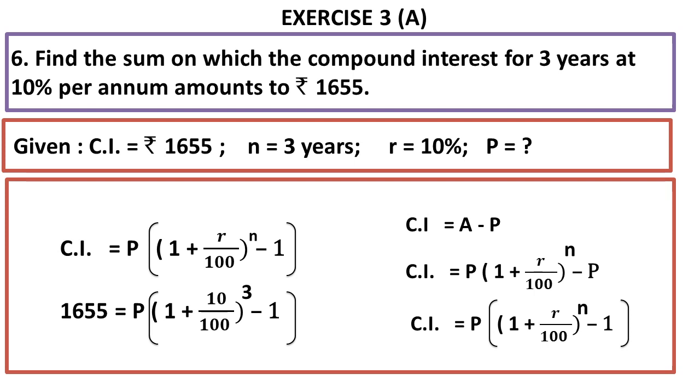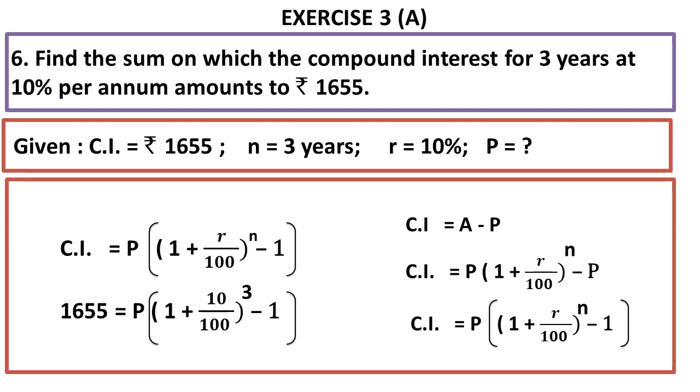We know the formula that compound interest is equal to A minus P. Just observe the slide where we have done the calculation, how to calculate the compound interest by using one more formula. So compound interest is A minus P. In the place of A, substitute the formula P into 1 plus R by 100 to the power n.